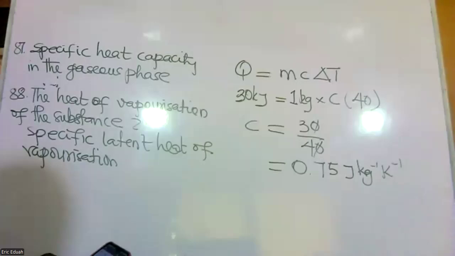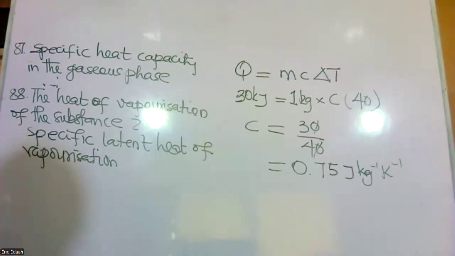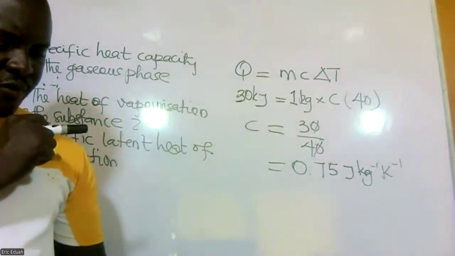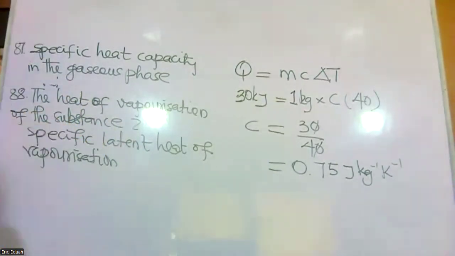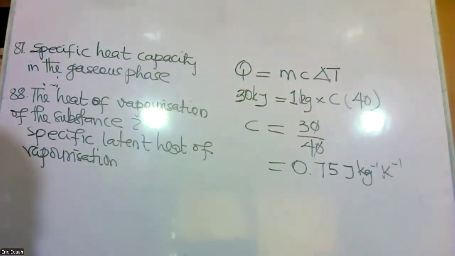The specific latent heat of vaporization of the substance is, what is the specific latent heat of vaporization of the substance? I want you to try it. Don't forget, latent heat of vaporization is the amount of heat energy responsible for change of state from liquid to vapor.